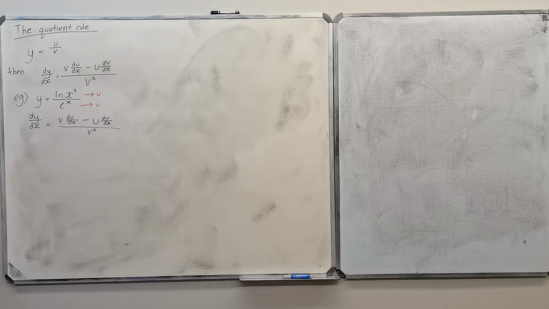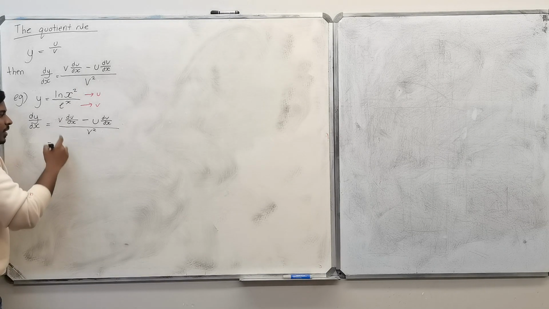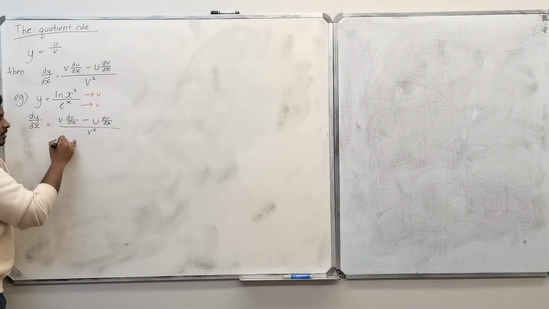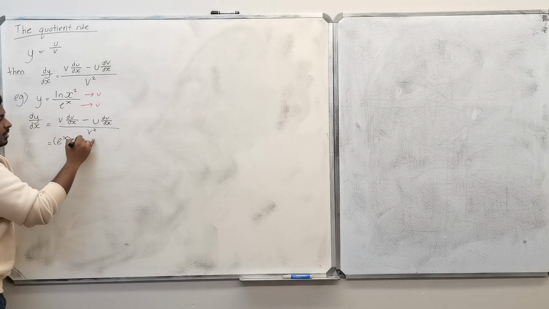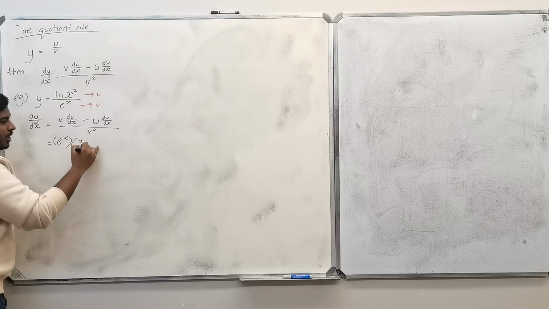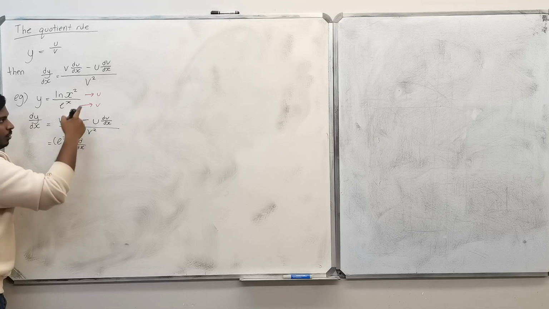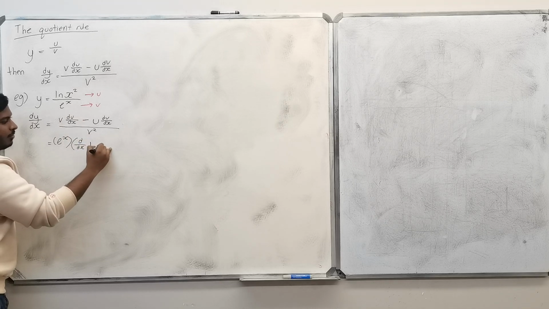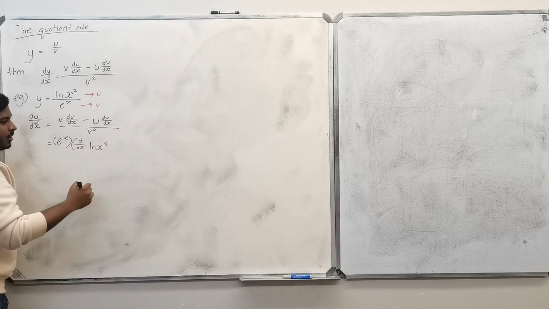You just need to look and identify which one it is. Okay? Substituting, v is e to the x, and they want the differentiation of u, so ln of x squared.